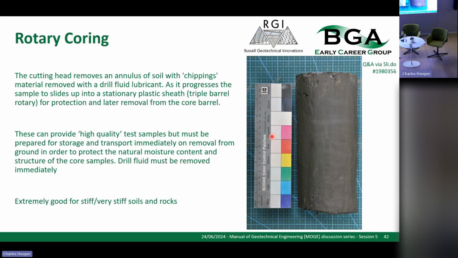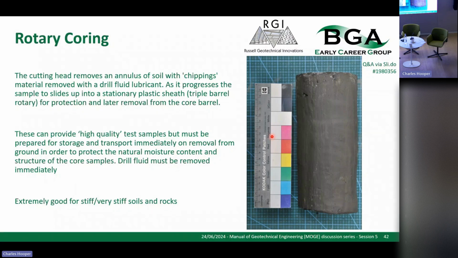Okay, rotary coring, another form of sampling. This actually requires a core tube, commonly called a triple barrel core tube. So you have the outside rotating, holding a central stationary steel liner, inside which you can put a plastic liner to catch the sample.